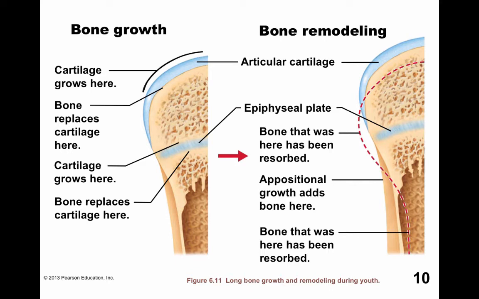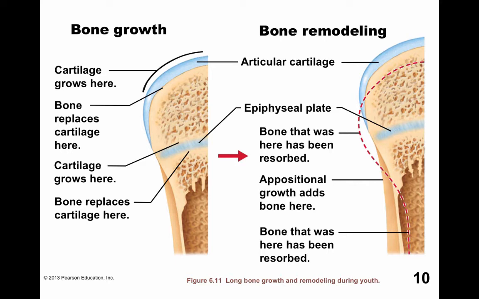Now, if you look to the right, you'll notice bone remodeling. You can see that there is a red dotted line that shows that bone had been reabsorbed in that outside area there. And you can see where appositional growth has added to the bottom where the diaphysis is.